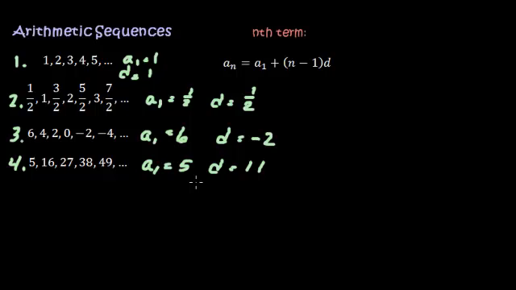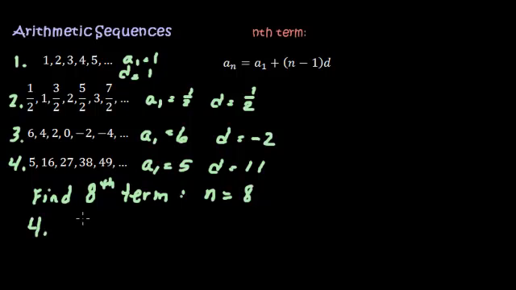One of the things that they're going to ask you to do is find an nth term. So for our sequence number 4, let's say we're going to find the 8th term. That would mean our n equals 8. For sequence number 4, our a sub 1 is 5, our d is 11, and our n is 8.